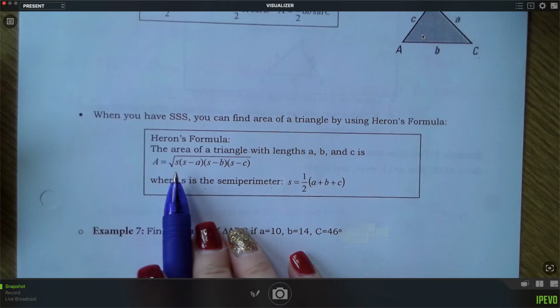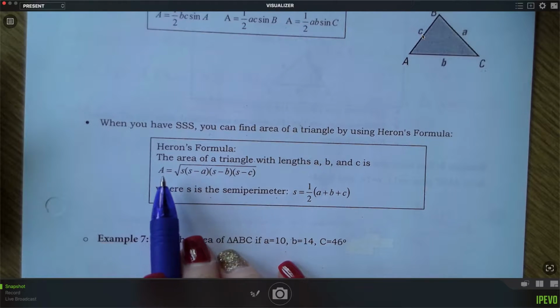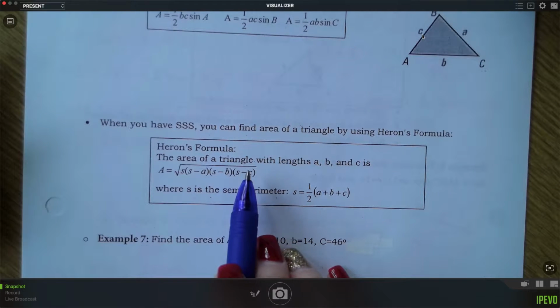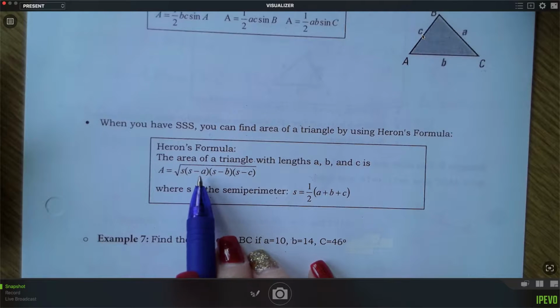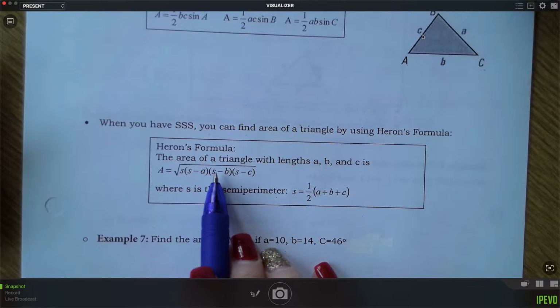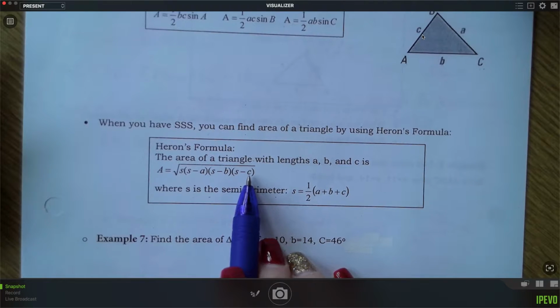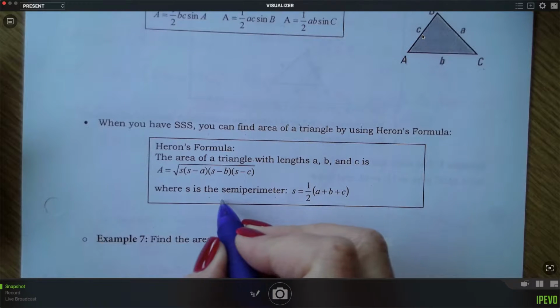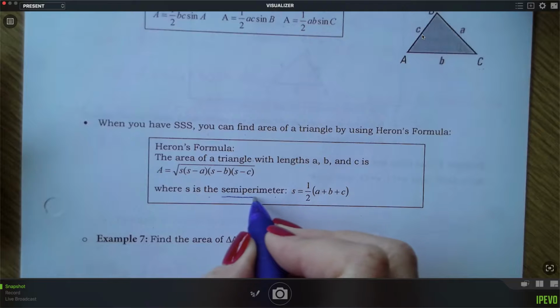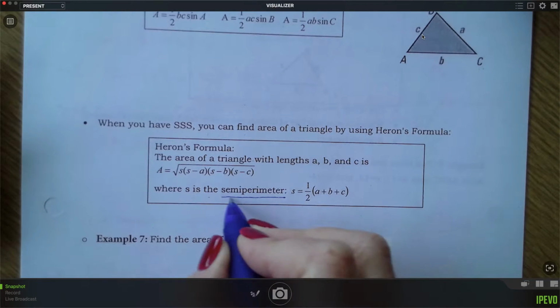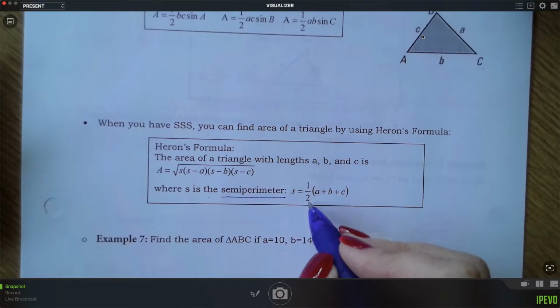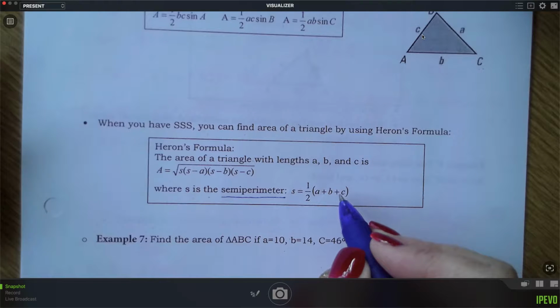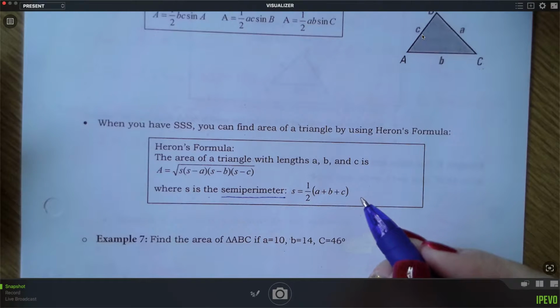So this is what the side, side, side one is. The area equals the square root of S times S minus A, S minus B, S minus C. Well, first of all, you're going, what is S? It's called the semi-perimeter. And it's found by doing 1/2 of the perimeter. That's why it's called semi-perimeter.